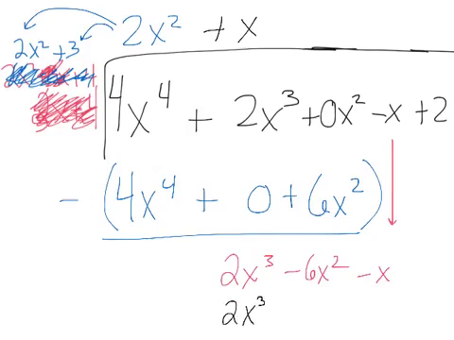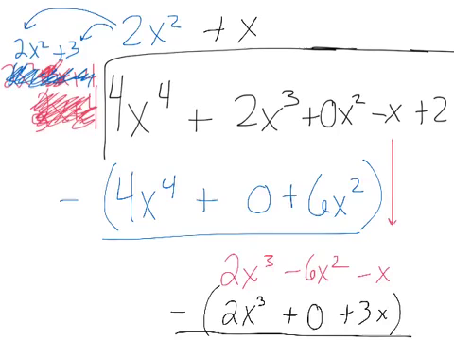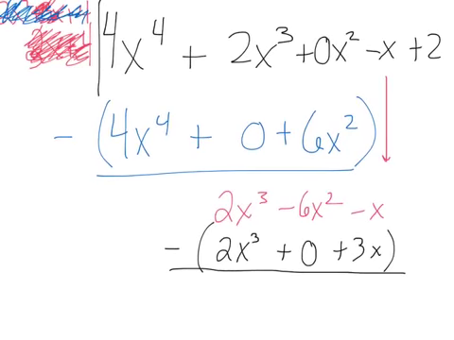Then x times the missing 0 in the middle is still going to be 0 here. Then x times 3 is 3x. And I remember I need to subtract the whole thing. So negative 6x squared minus 0 is just negative 6x squared.